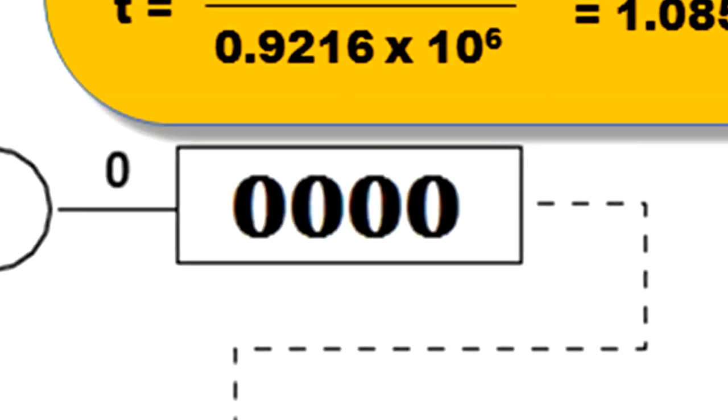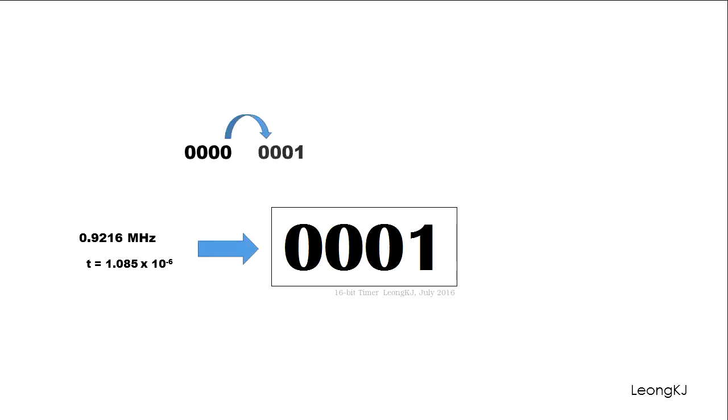Let's take a closer look at the timer counting. The timer is fed with a clock with frequency 0.9216 MHz, or a clock with a period of 1.085 microseconds. Every count takes 1.085 microseconds.